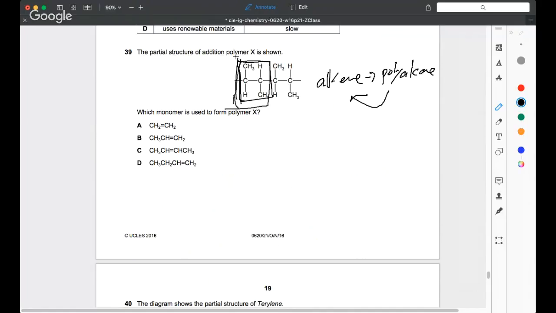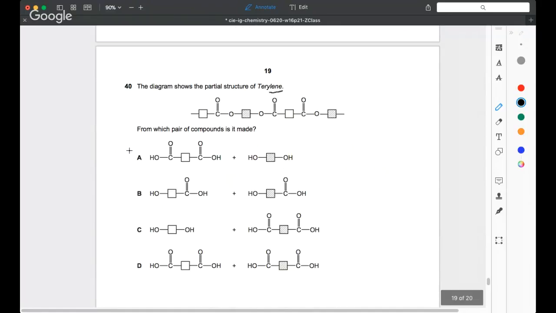We've identified the monomer unit, and we just need to break the bond and convert it into a double bond alkene. So this would be your monomer. Which one of those gives you the correct formula? It is obviously C.